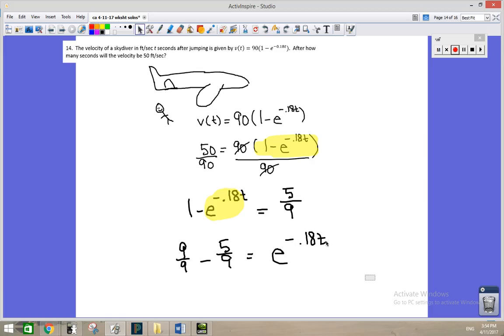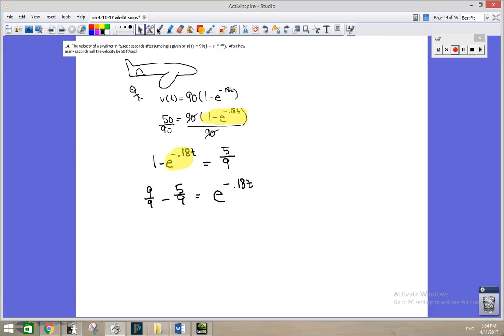I need a common denominator to add or subtract fractions. So on the left-hand side, I can write this as a single fraction by taking the difference of the numerators, 9 minus 5. The denominator doesn't change.